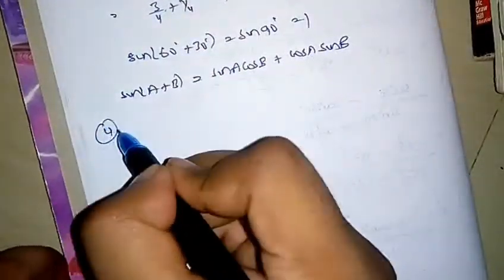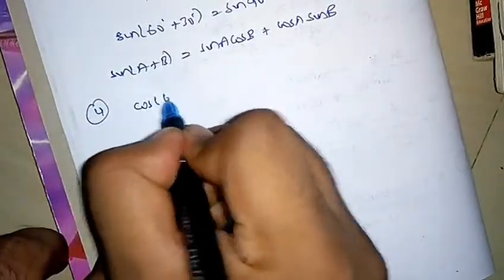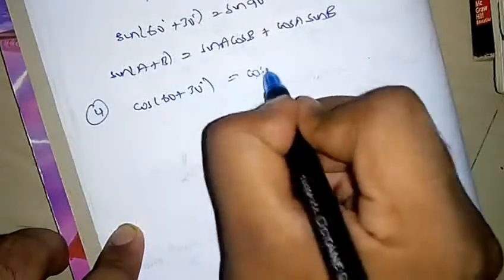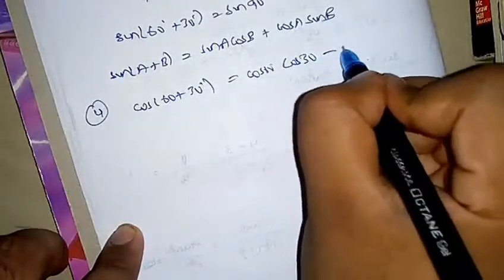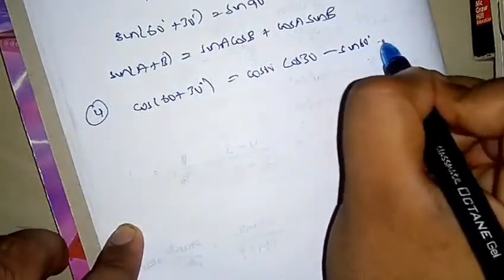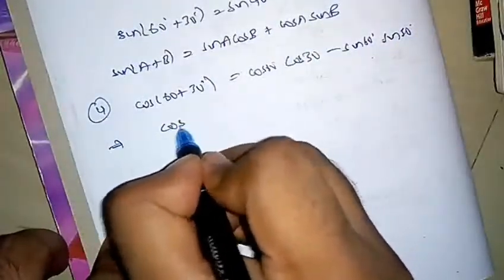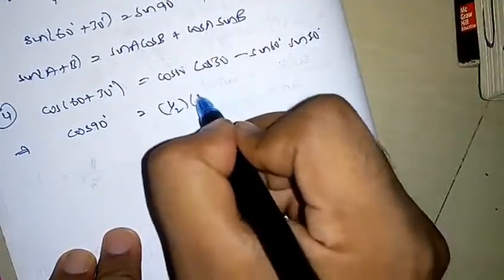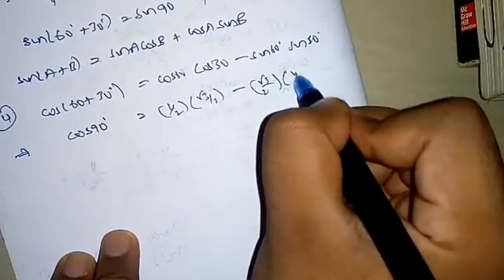Let's solve fourth question. Is it right to say cos 60 plus 30 degrees is equal to cos 60 cos 30 minus sin 60 sin 30? Let's evaluate. This will be equal to cos 90 degrees is equal to cos 60 is 1 by 2 into cos 30 is root 3 by 2 minus sin 60 is root 3 by 2 into sin 30 is 1 by 2.